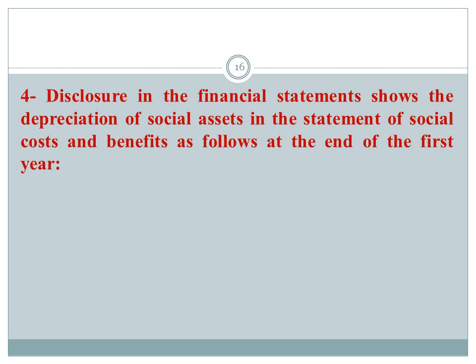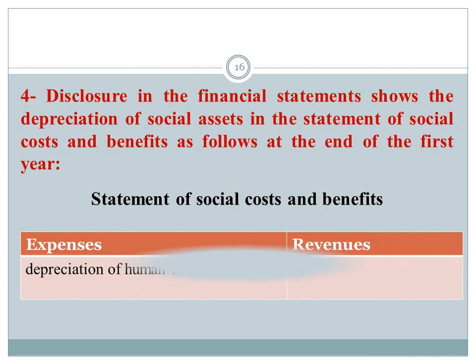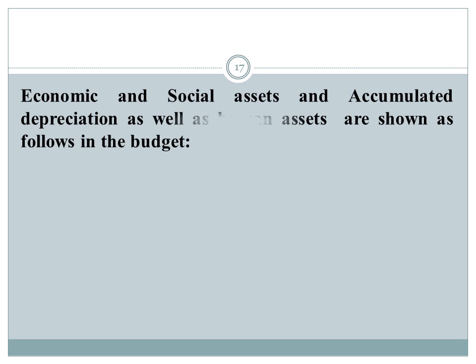Disclosure in the financial statements shows as follows in the first year. Statement of social costs and benefits, expenses, depreciation of human assets. Economic and social assets and accumulated depreciation as well as human assets are shown as follows in the balance sheet at the first year.